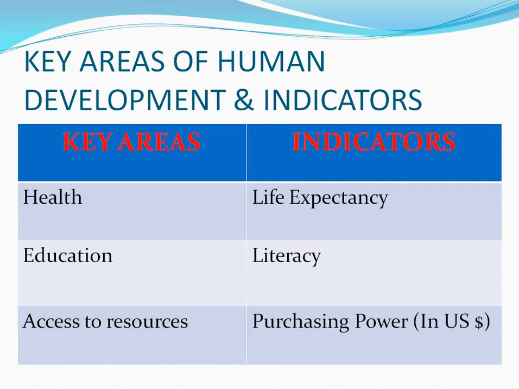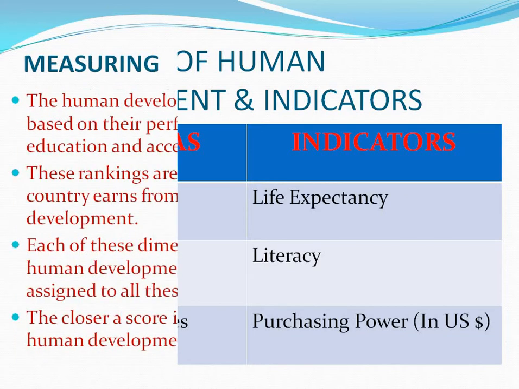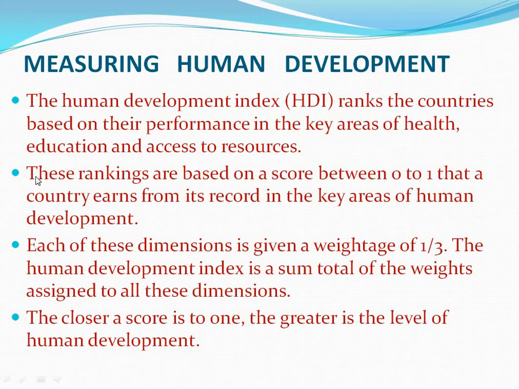On the basis of these key areas, human development is measured. How? Look, the Human Development Index ranks countries based on their performance in the key areas of health, education, and access to resources. These rankings are based on a score between 0 and 1.